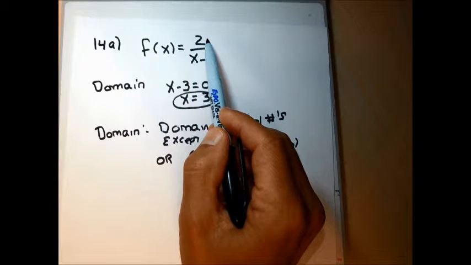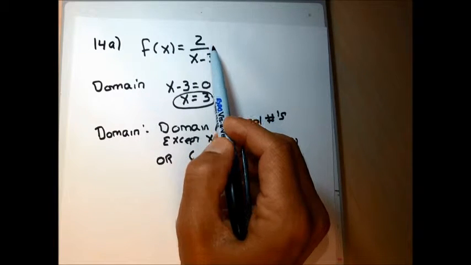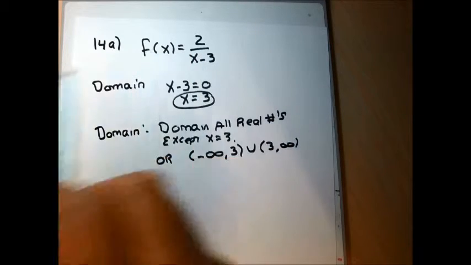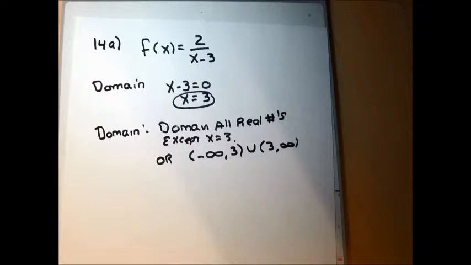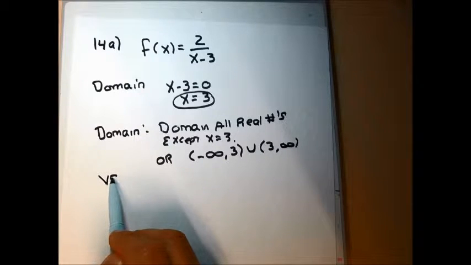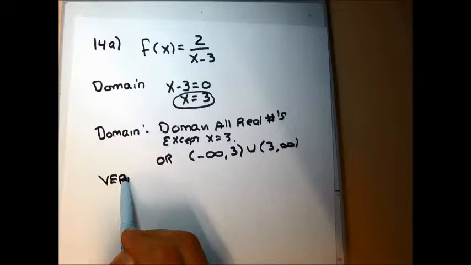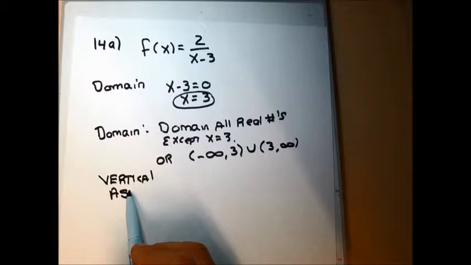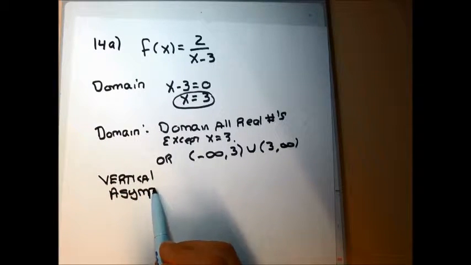So if it were possible to factor and cancel to make the factor in the denominator that caused this x equal to 3 go away, then you would get a hole. There aren't any problems in this section that have holes. Every value of x that we exclude from the domain is going to be a vertical asymptote in our graphs.